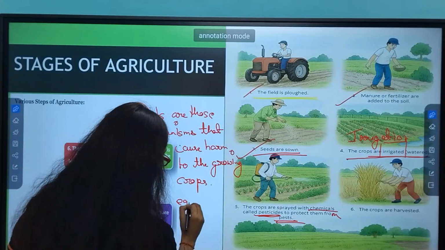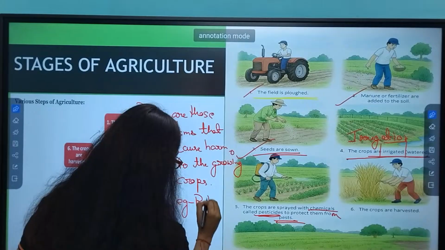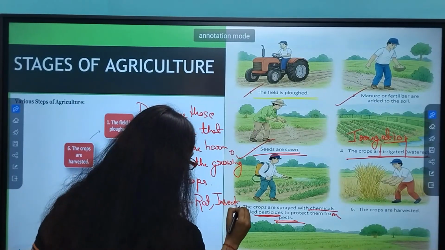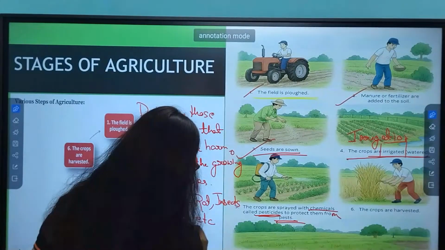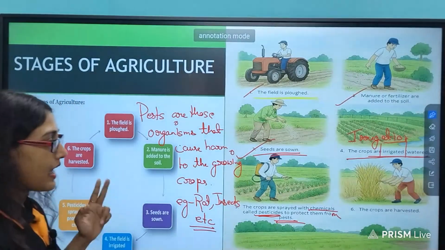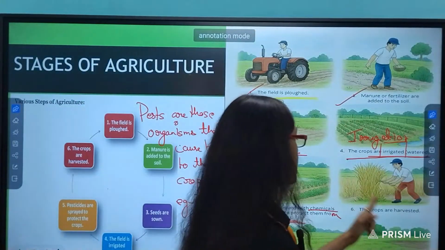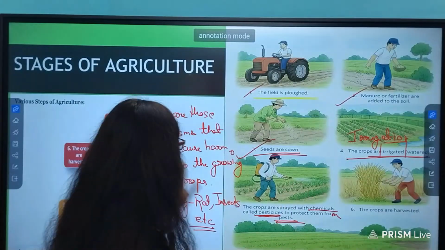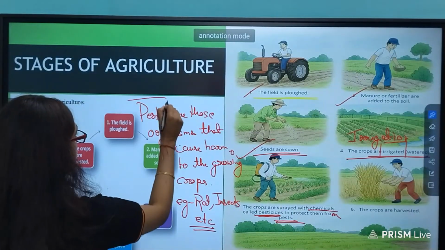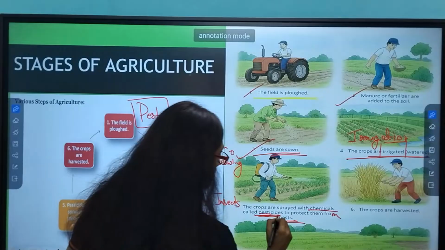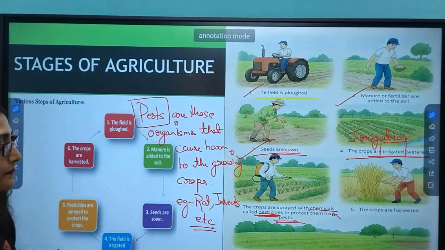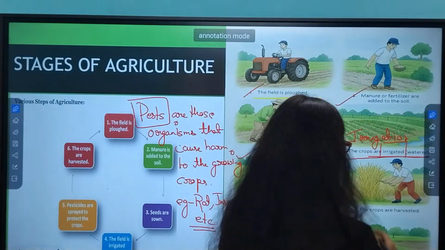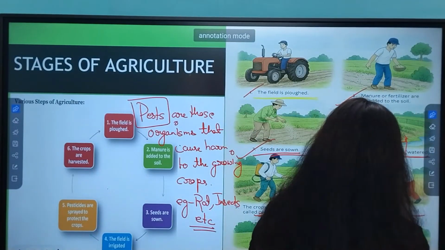Examples of pests are rats, insects, etc. And the chemicals that are used to kill pests are known as pesticides. And lastly, when the crops are ready, then the crops are harvested.